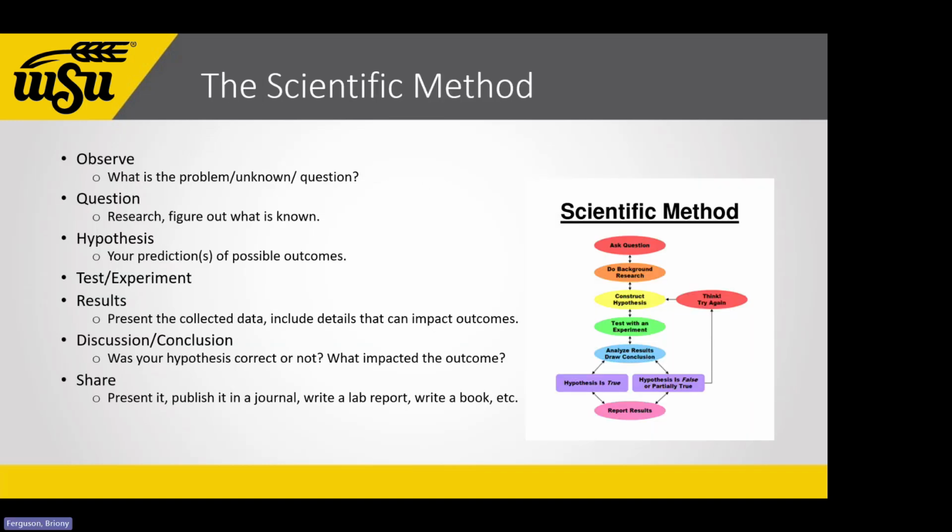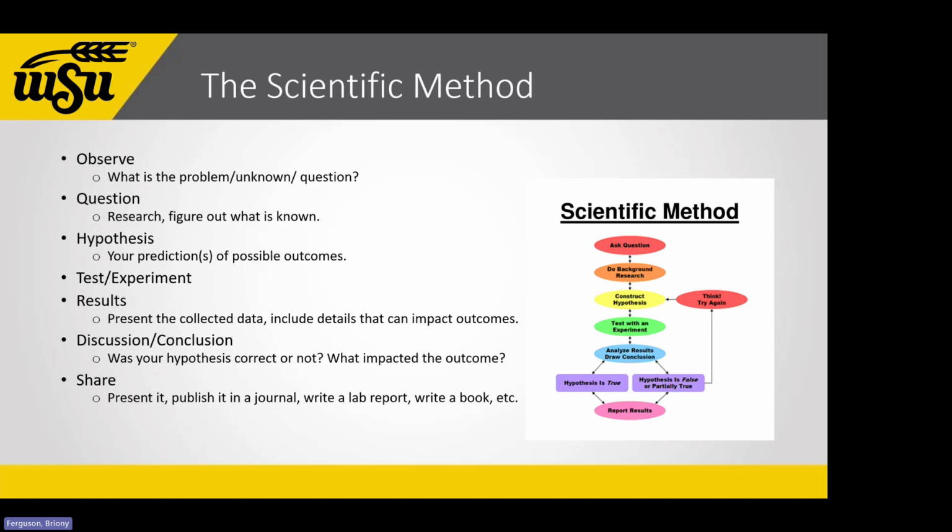Starting off with the scientific method, there are multiple ways to do the scientific method. It does not have to be this 1, 2, 3, 4, 5 step thing that you follow exactly. It's going to depend on the field that you're in, the actual scientific question you're trying to answer.